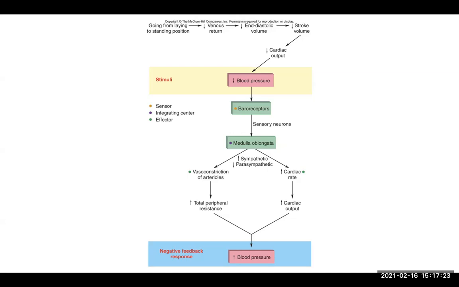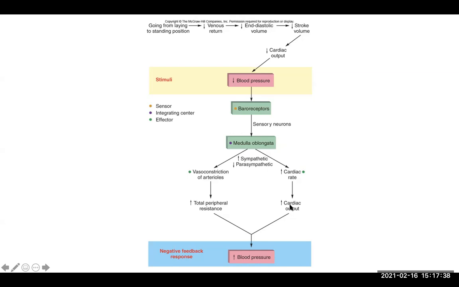You're also going to have more norepinephrine on the beta 1 receptors, which is going to cause increased heart contractility. When you increase heart contractility, that's going to influence the heart rate, which is also going to increase cardiac output.